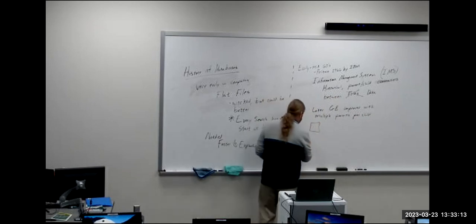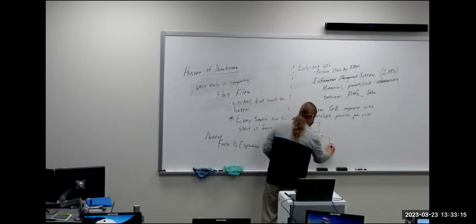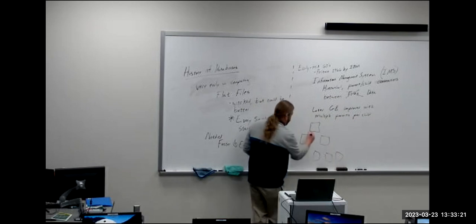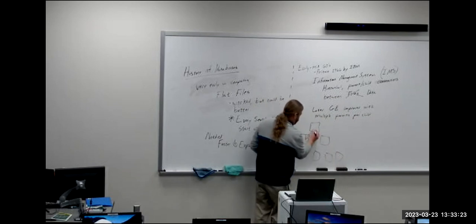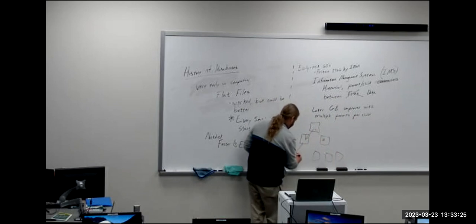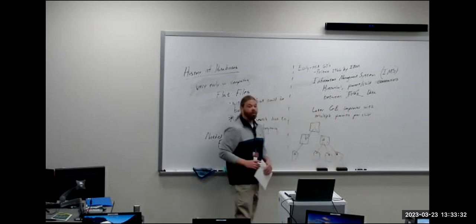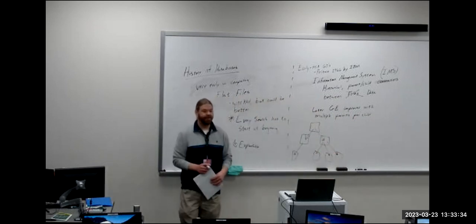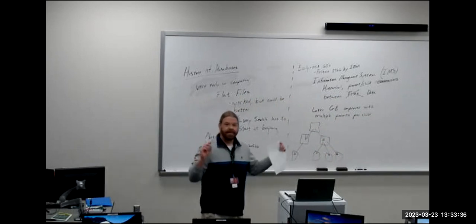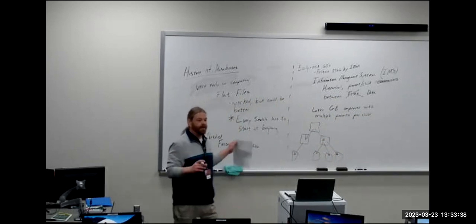So we have sort of a hierarchy structure. And the parents in that hierarchy point to the child. So then we don't need the whole file. We can go through from pieces of the file instead of the whole thing.